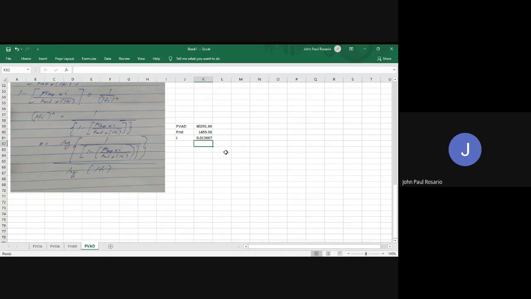So, please input in your calculators na dayon using this formula.